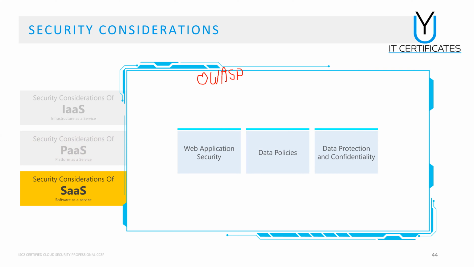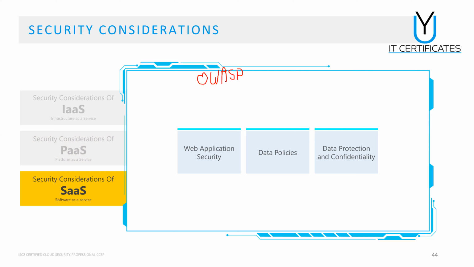Usually they have a list of the top 10 attacks, and if you go through these attacks, you will find that it's not secure to have your application over the web if it's not secured and you don't have the appropriate safeguards and controls to protect against these security attacks and security problems.